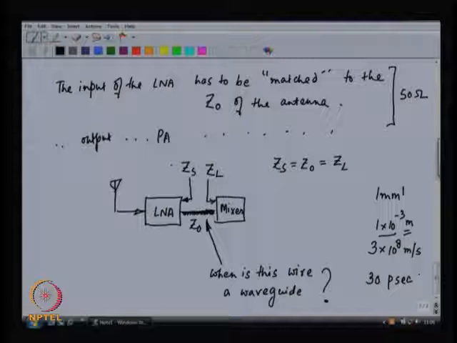So, if you can measure 30 picoseconds, that amount of time, by measure I mean if it means something to you. If your signal is at 1 gigahertz, that means 360 degrees of your signal is 1 nanosecond, that means 30 picoseconds is about 20 degrees phase.